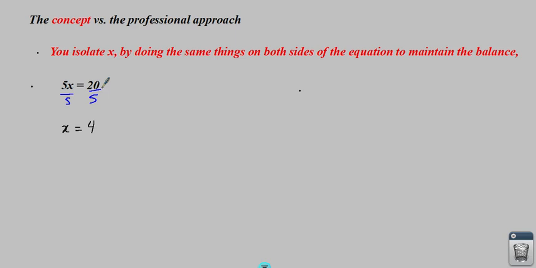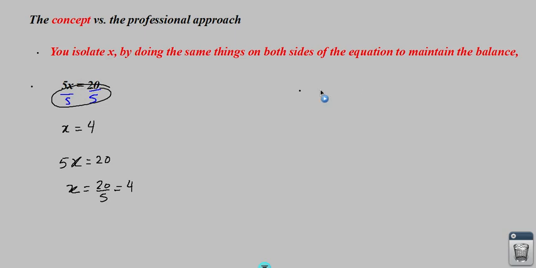However, this is rather messy, and the professional way is to say that 5x equals 20, immediately go to x equals 20 divided by 5, which equals 4. So don't write this here, even though this is the concept.